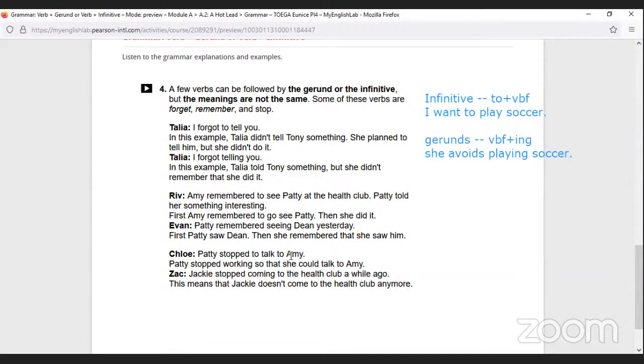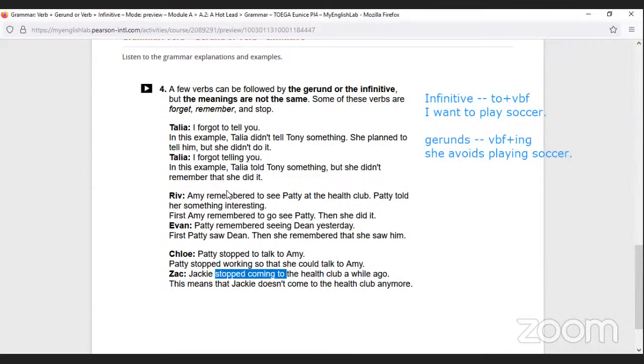Maybe because she was on vacation or she was out of country, okay? But if I use with gerund, stopped coming to the health club, it is for always. So it means that she didn't come to health club anymore.